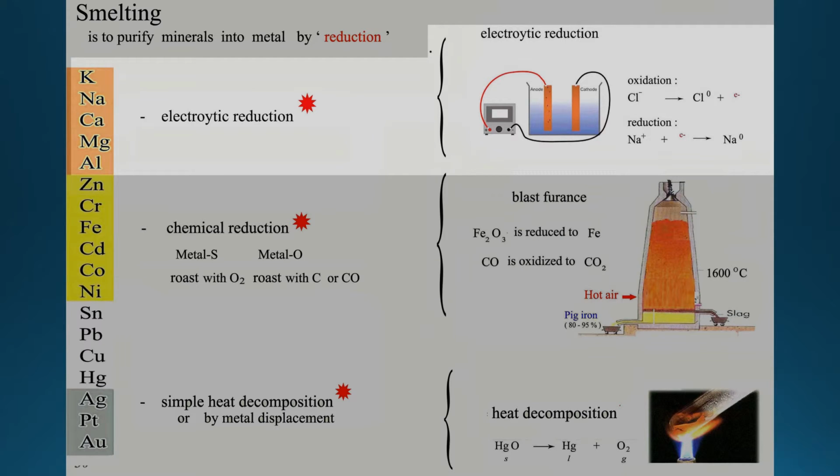When you go to the most reactive metals, they are very difficult to extract. Besides temperature, you also require electricity, called electrolysis, to separate out the metal from the mineral, called electrolytic reduction.